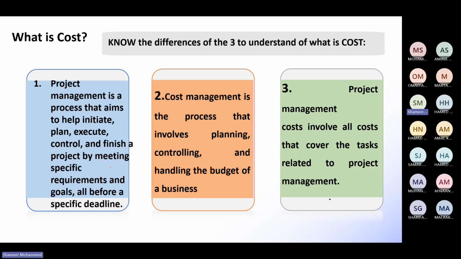Cost meaning what? See here. In project management, what will you do? You will start the project plan. You will execute the project plan. You will control the project and you will complete the project by achieving some requirements and the objectives of the project, with a deadline of 6 months.